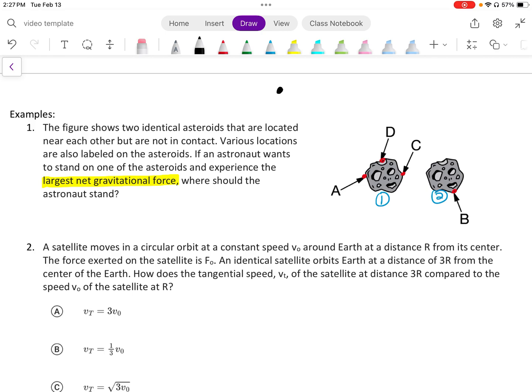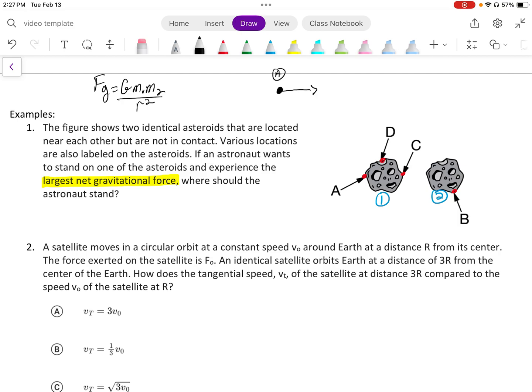So if I was standing at A, the person would have a gravitational force from asteroid number 1, and it would point towards the center of that asteroid. So this is point A, and the gravitational force is big G, mass 1, mass 2, over r squared.